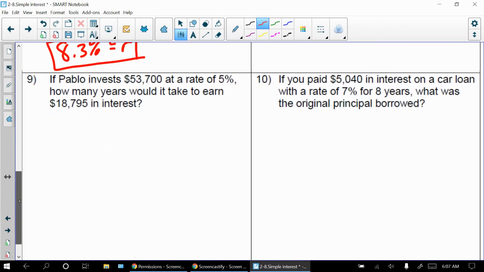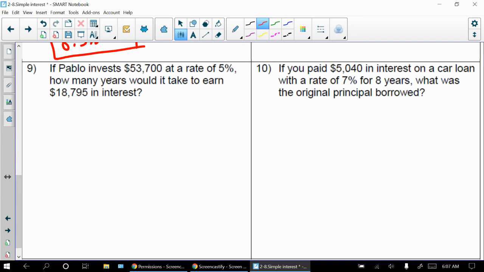Alrighty, last one for me helping you. All right, Apollo invests 53,700 at a rate of 5%. How many years will it take to earn 18,769? So here we're looking for time. Okay, we know our interest is the 1879.